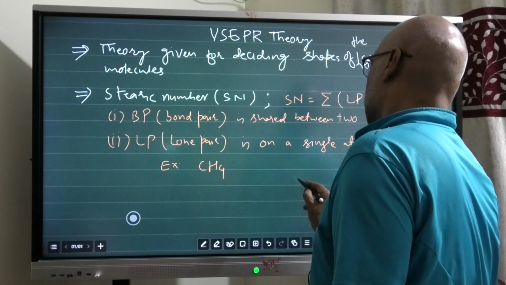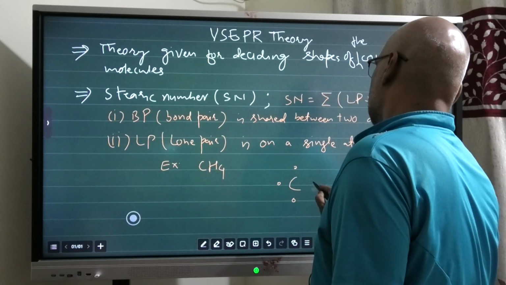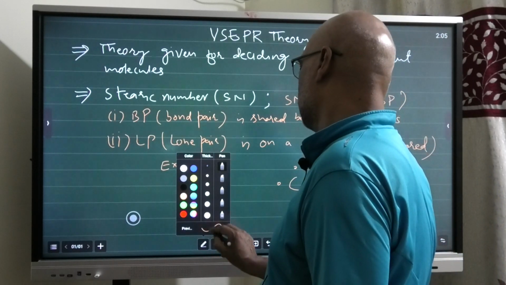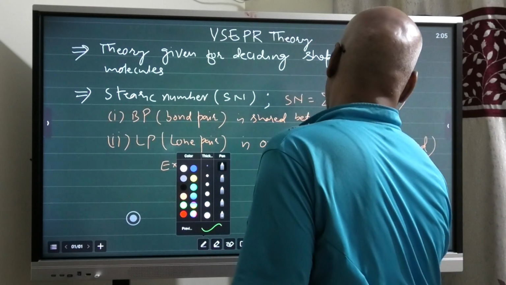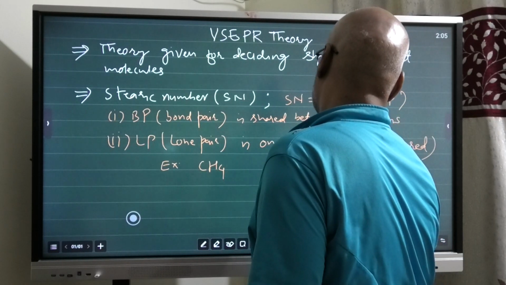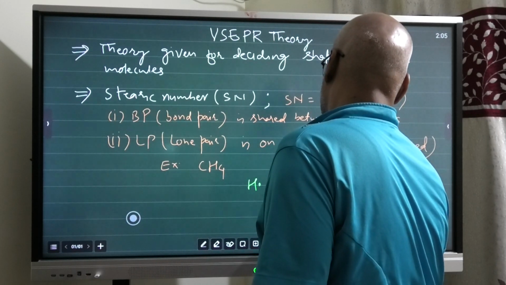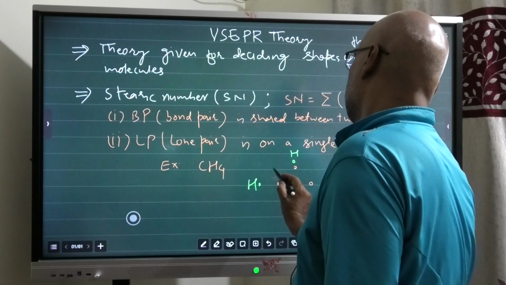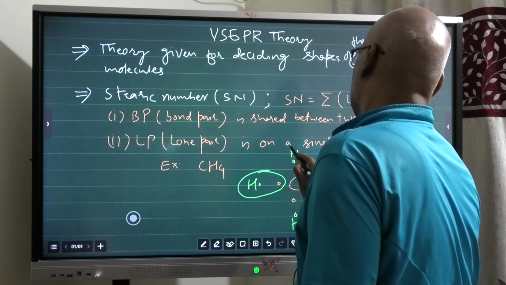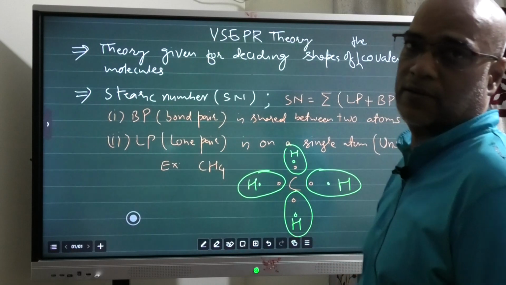So each hydrogen shares its 1 electron to complete its duplet.